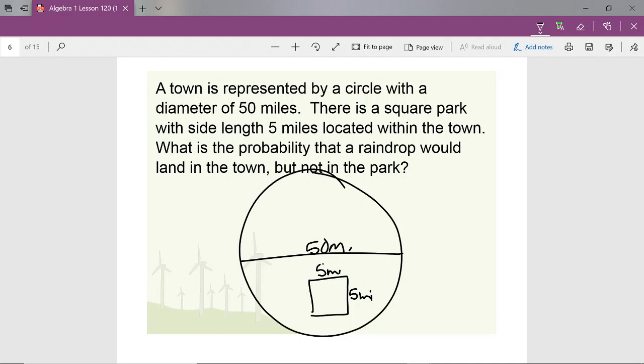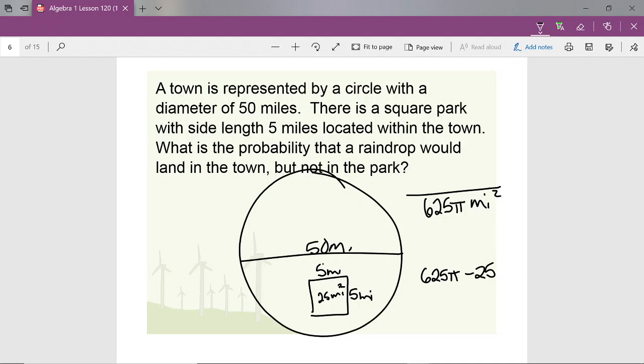So for the town, I would be saying, well, 25 squared, so that's my radius squared, is 625 pi, and we're in miles squared. And then I want the complement to this 25 square miles that I have here. Well, I would have to find that the rest of the town that doesn't include this park would be 625 pi minus 25 square miles.